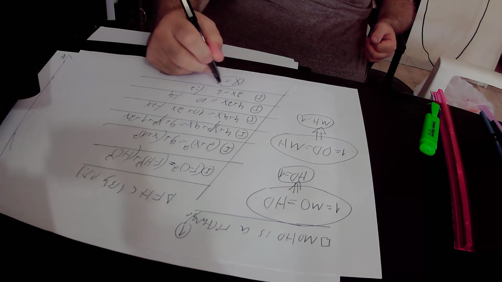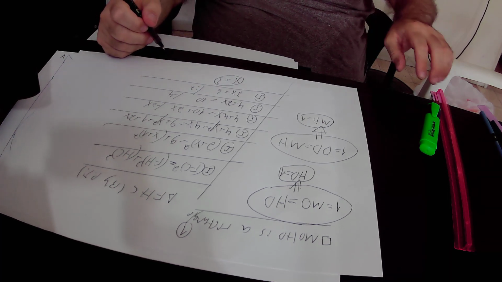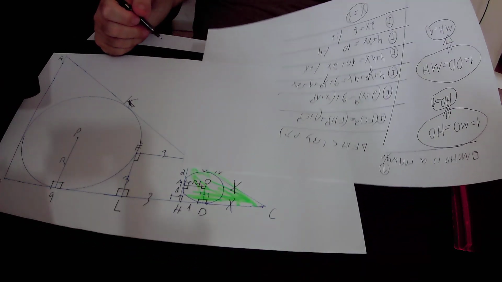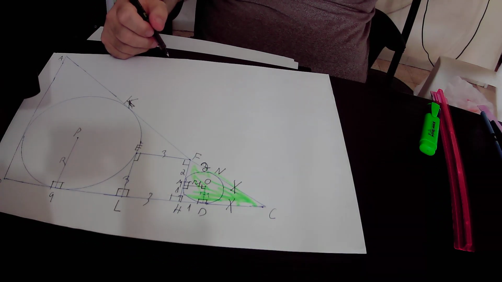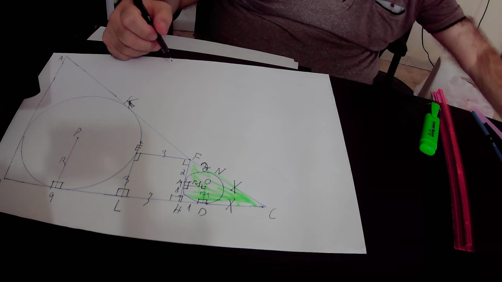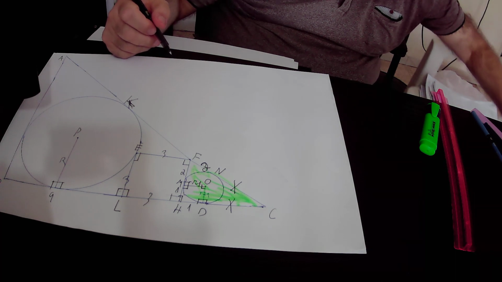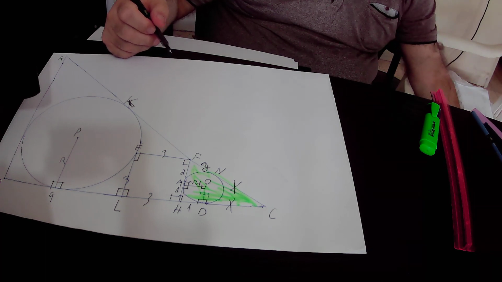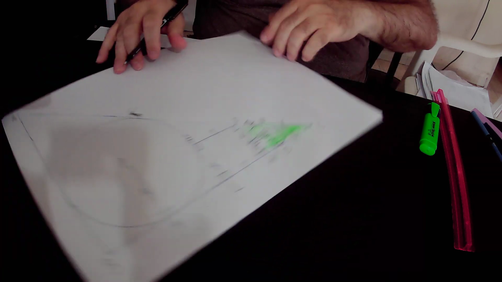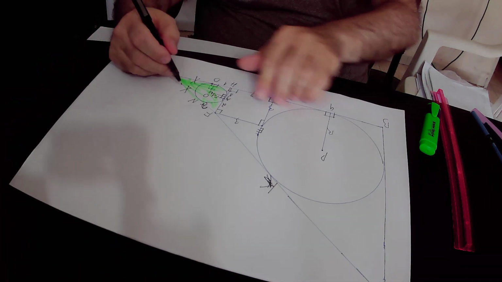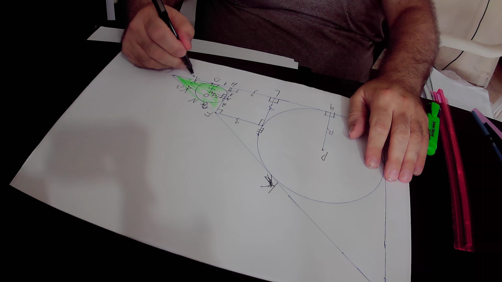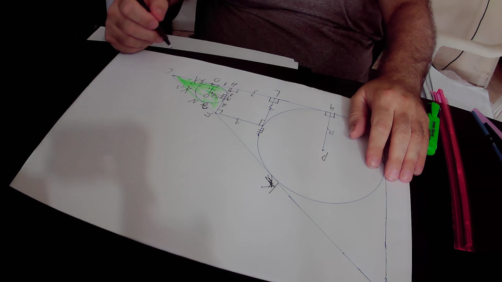So x equals 3 units according to equation number 1. So we can write here that x equals 3 units. And here also x equals 3 units.